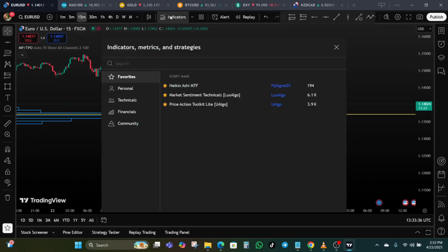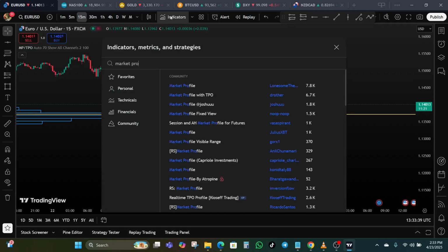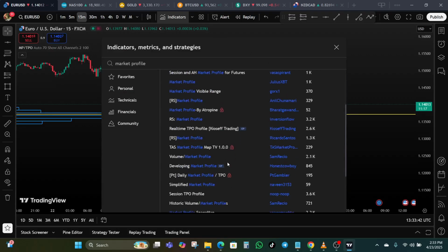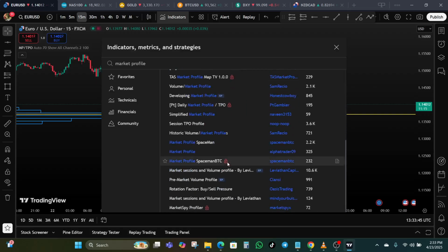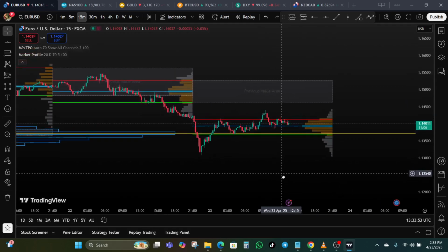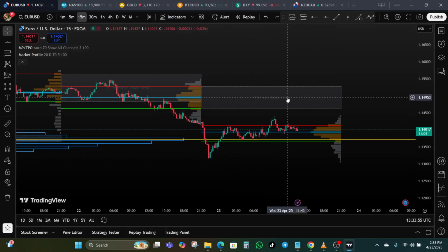All right. So it means that you might actually have to identify your point of control and your value areas manually. I was just trying to see if there is an indicator that can make it easier to identify these areas. Now, this indicator has actually done well.